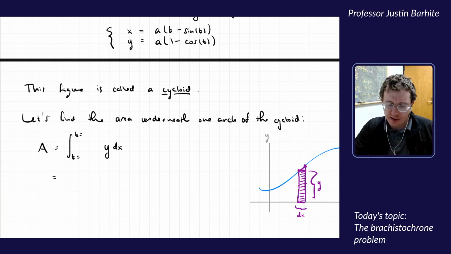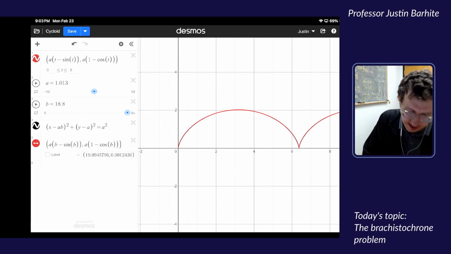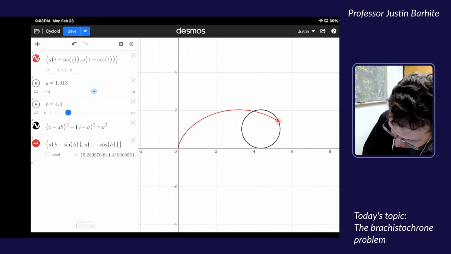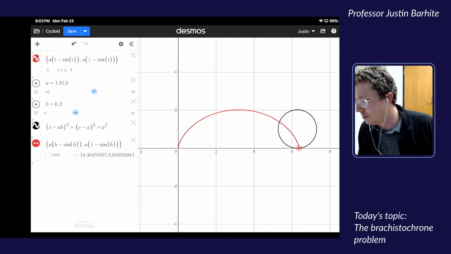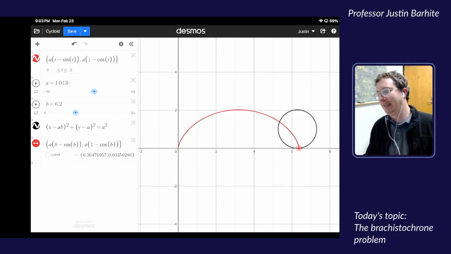What are the t values going to range from? If I pop back over to Desmos, for one arch here, that t goes up to about 6.2. Anybody know any numbers that are close to 6.2?